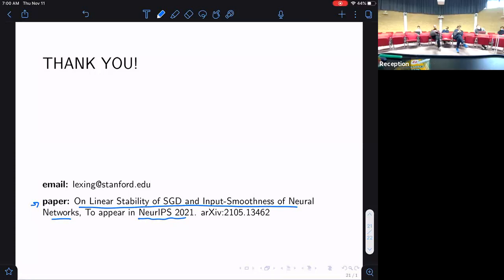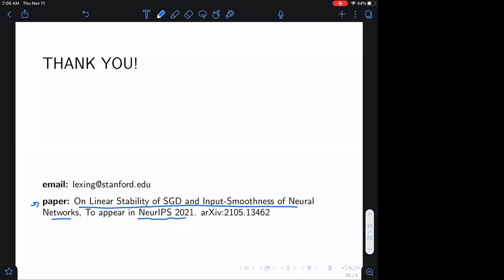But you have to do it in every layer, right? Yes, you have to do it in every layer. It could become more complicated. That's a good question.